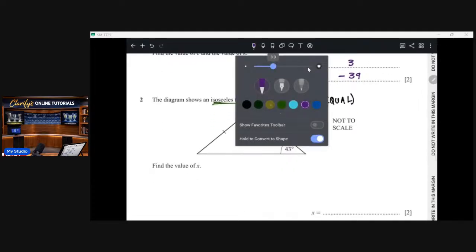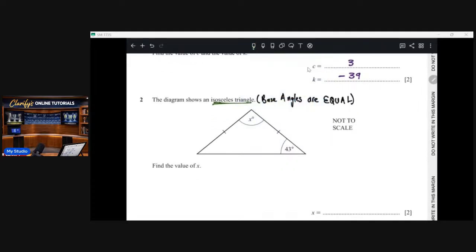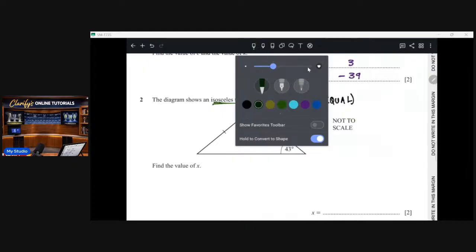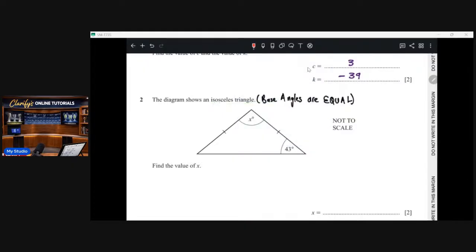Keep going. All right, so this second question talked about an isosceles triangle. And maths is not mad. When they give you a statement, they expect you to know something about the statement. So here they said we have an isosceles triangle. What do they expect you to know?